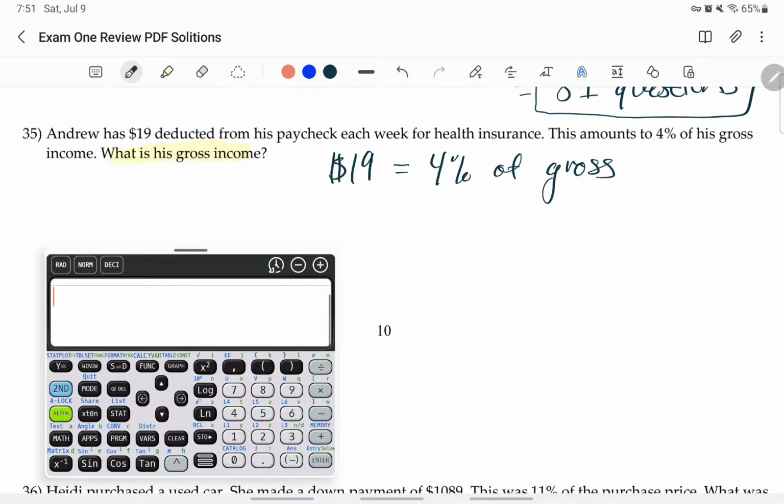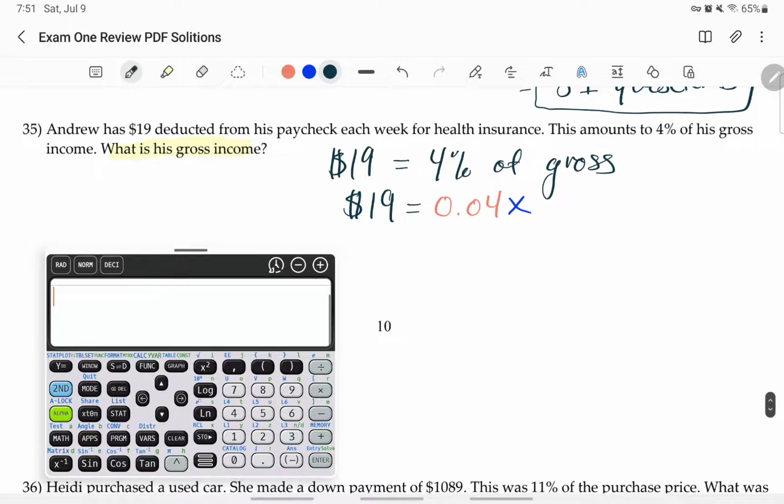So let's rewrite this as a better equation. $19 equals 4% as a decimal, which is 0.04, times his gross income, which we can just call X. To get X by itself, we're going to divide both sides by 0.04.